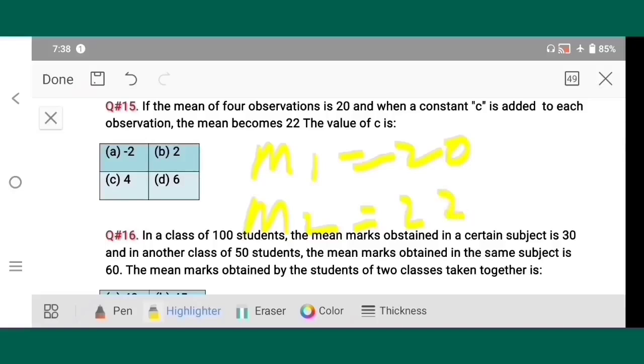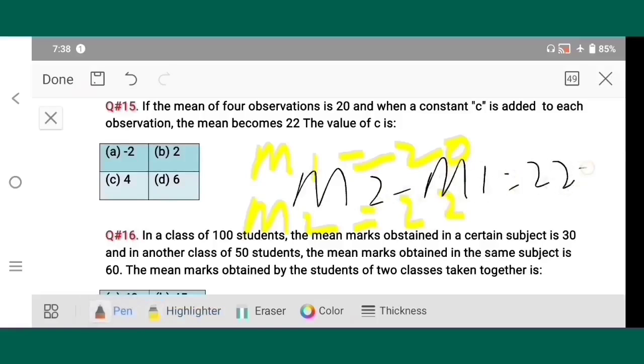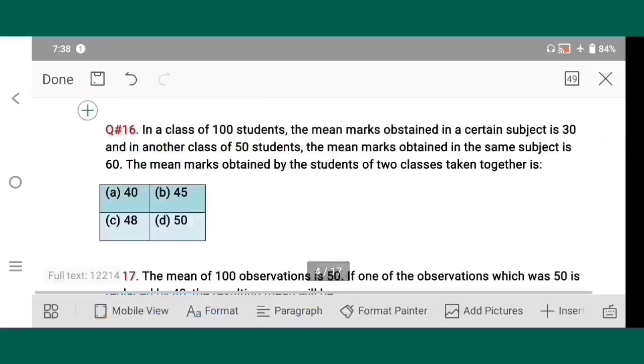So just subtract the first mean from the second, that is m2 minus m1, which is 22 minus 20, so it gives 2. So our answer is 2.